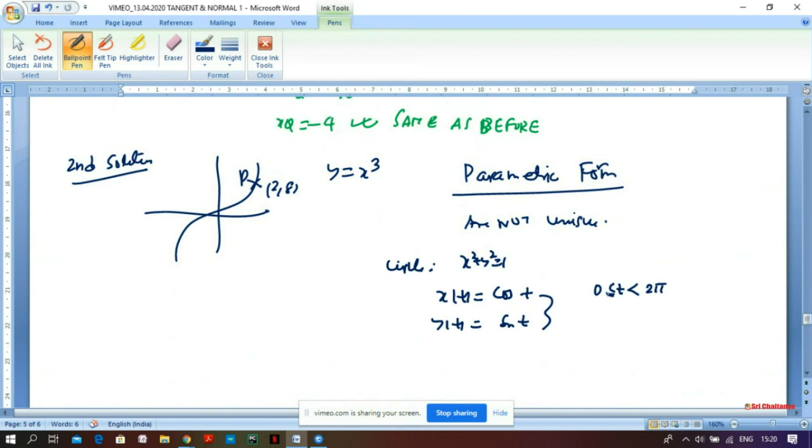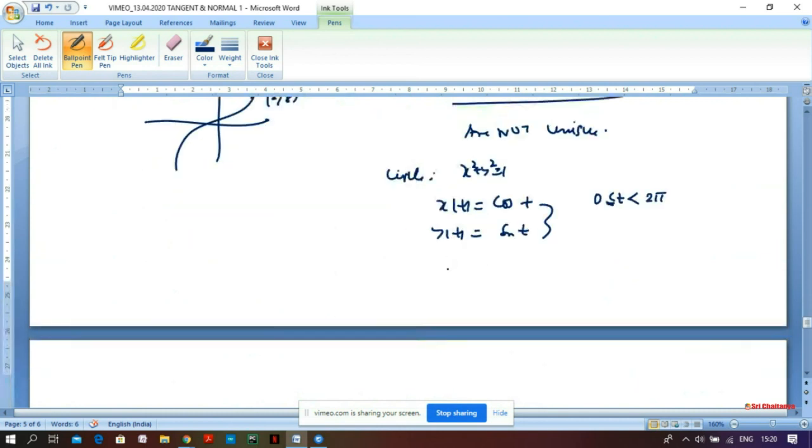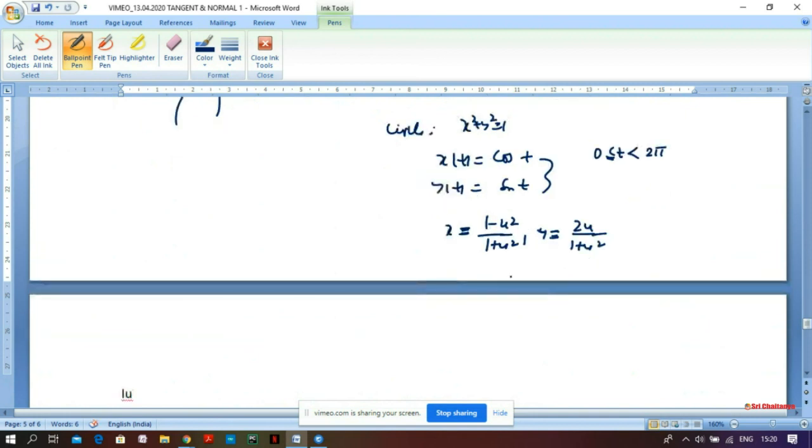So this is your x(t) and y(t). So this also is one thing. Notice this. Suppose somebody writes x as (1 minus u squared) upon (1 plus u squared), and y is 2u upon (1 plus u squared). That's a little tricky, but just check: ((1 minus u squared) over (1 plus u squared)) whole squared plus (2u upon (1 plus u squared)) whole squared.